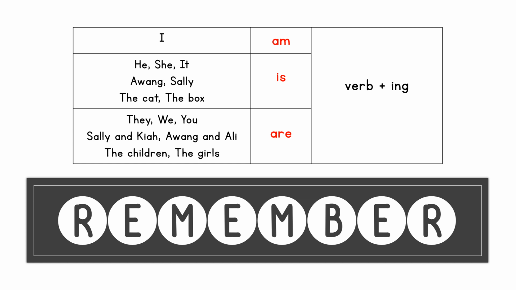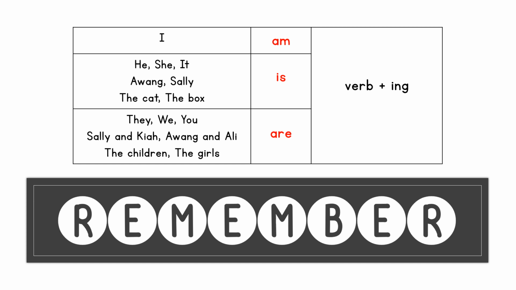Remember, ini dia punya, pause dekat sini baru awak nampak. Okay, I pakai am, kemudian baru pakai verb dan tambah ing dia. Kalau dia seorang, just one person, singular, you use is. He or she or it or Awang or Sally or the cat and the box. Okay, benda kalau satu pun pakai is juga.